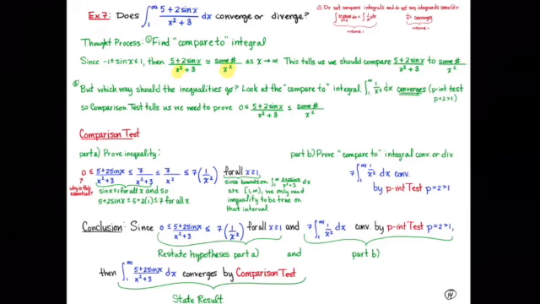In that case, if we had an x up here in the numerator, then we'd have x over x squared, which when we simplify becomes 1 over x, and that diverges. And so if our compare-to thing was 1 over x, we would need to prove that this was bigger than something that diverged. So that's the idea here: does our compare-to thing converge or diverge? And based on that, how do we need to set up our inequality?